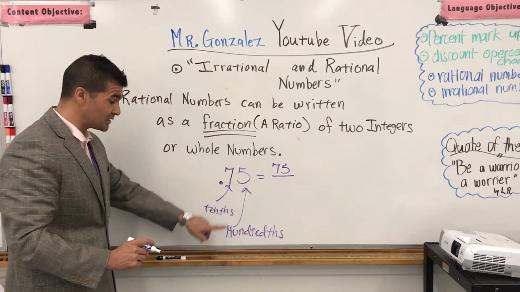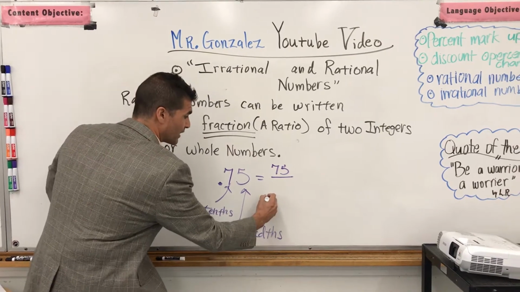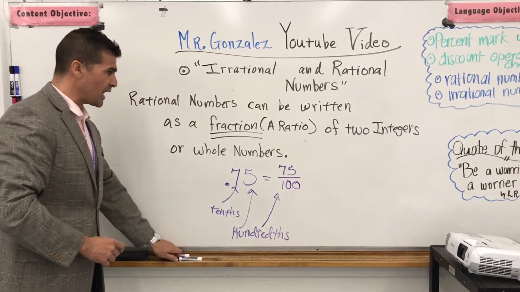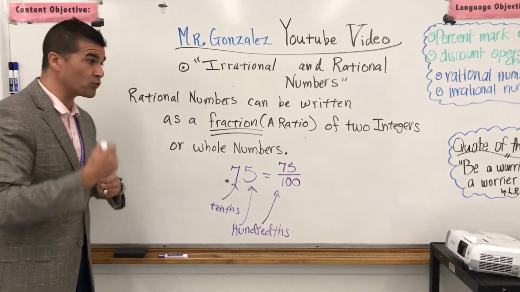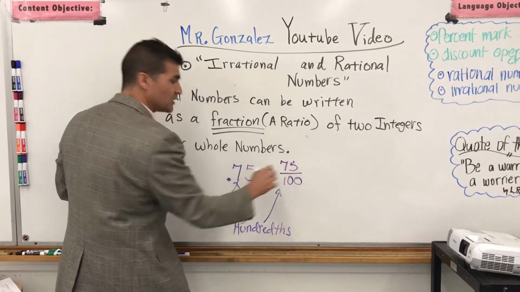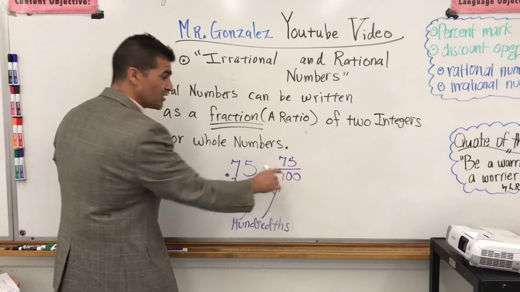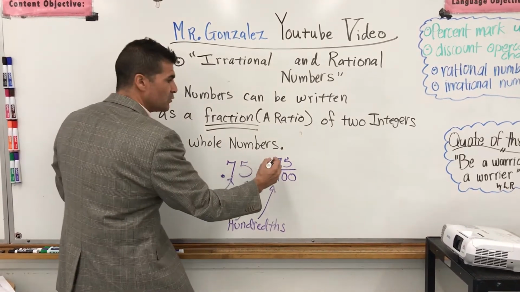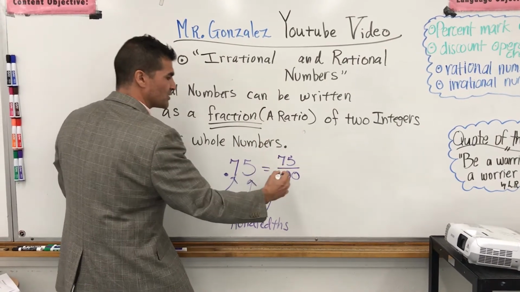This last number is in the hundredths place. So then you write that as 100. Since you can write this as 75 over 100, this is an integer. This is a whole number. Because they're both integers, you could say that this is a rational number.